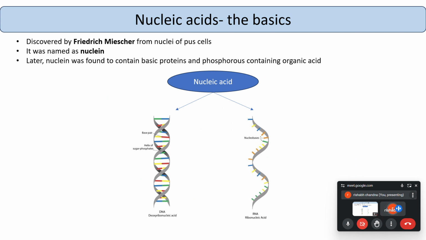Now, moving on a bit in the structure and starting with the nucleic acids. So, nucleic acid was discovered by a scientist called Frederick Miescher. So, what he discovered was the nucleic acid from nuclei of pus cells. What basically he did was he took bandages from hospitals.